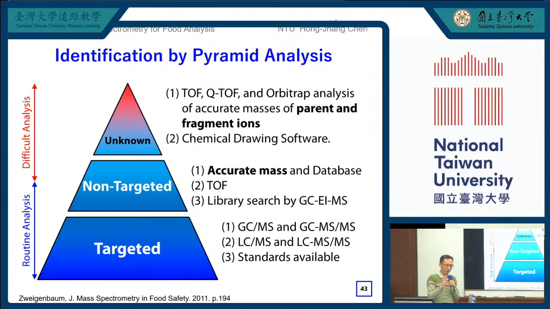So MS is not just an ELISA reader. For an ELISA reader, you just put in your plate and push the button. It will read out the data, right? For MS, it's not. It's very complicated, but it's very, very powerful and very advanced in this world.